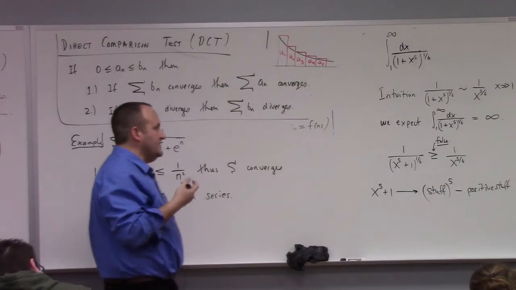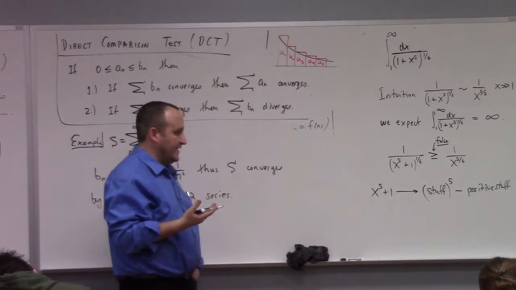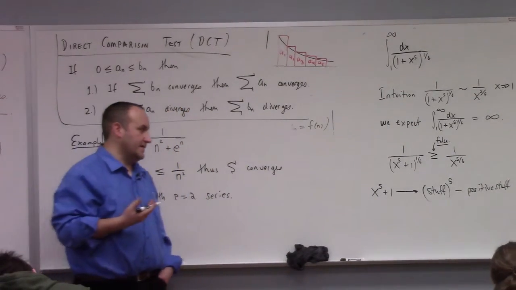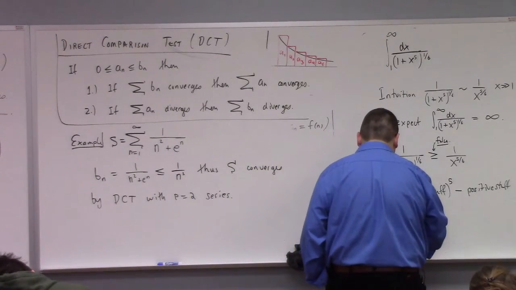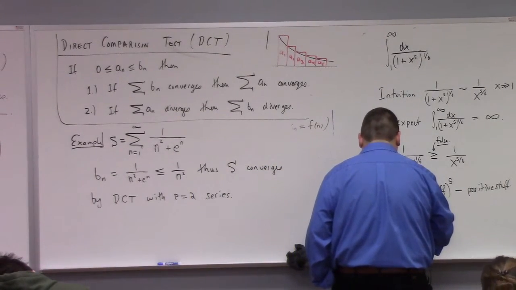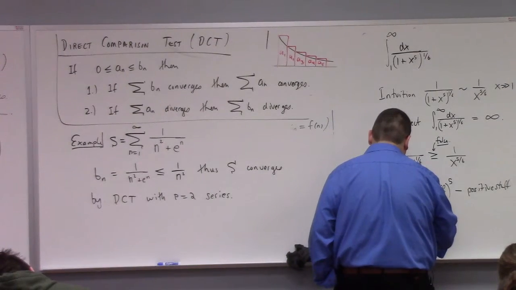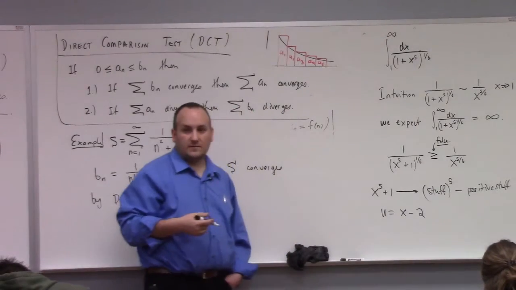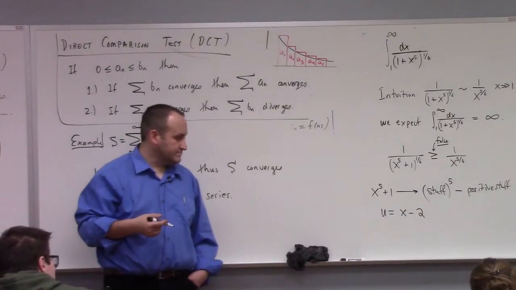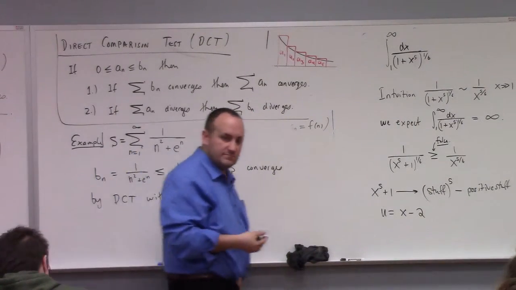Sometimes you can make a change of integration variable to make that happen. Something like maybe u equals, I don't know, let's see what happens if we let u equals x minus 2. What does that do? Maybe x plus 2.